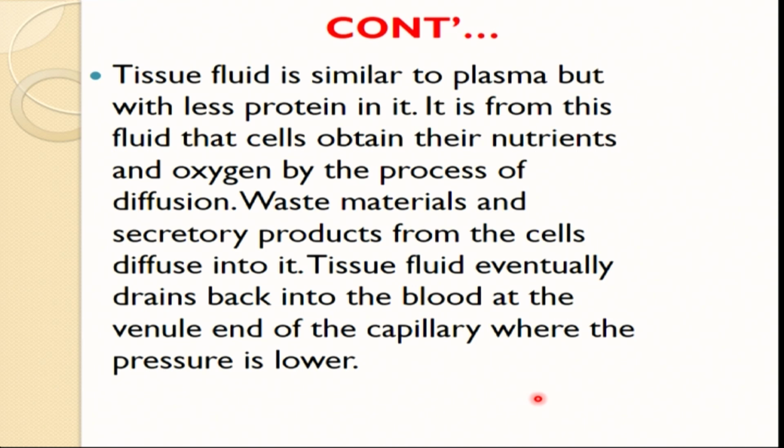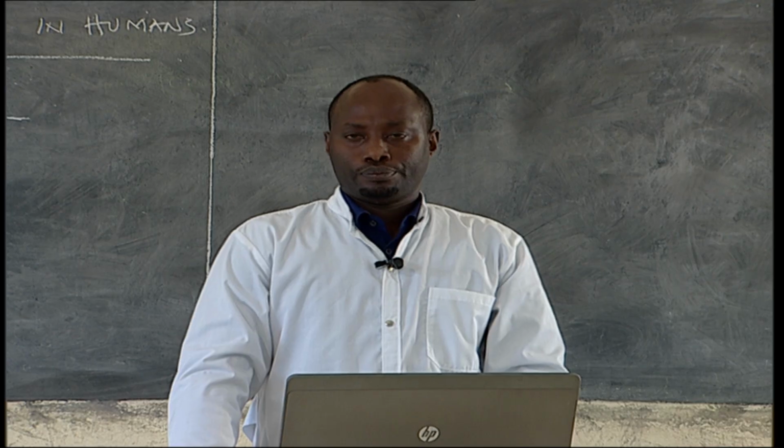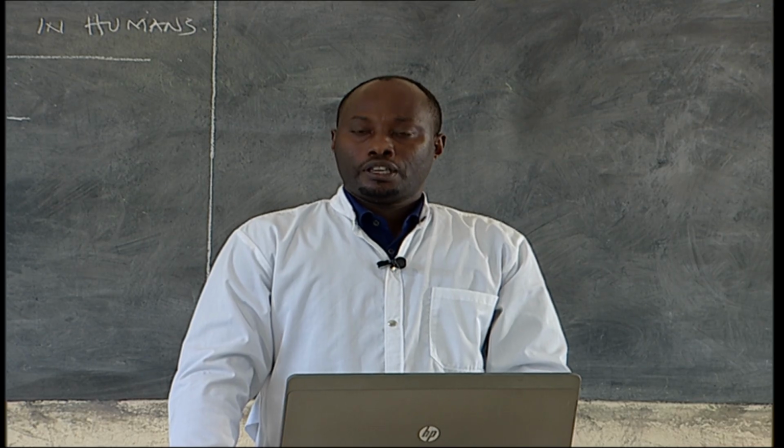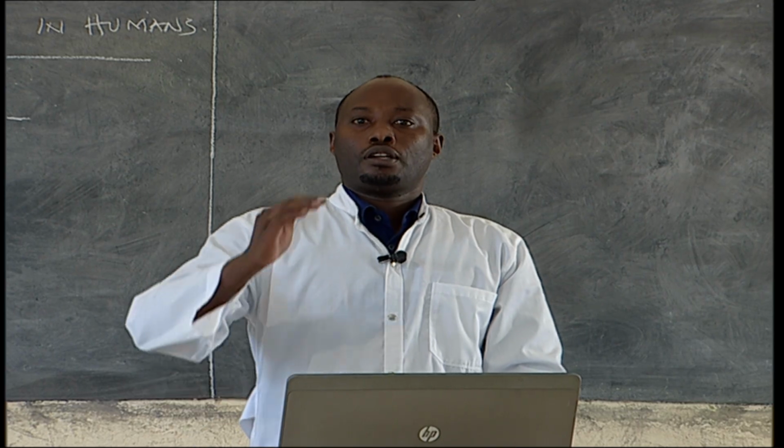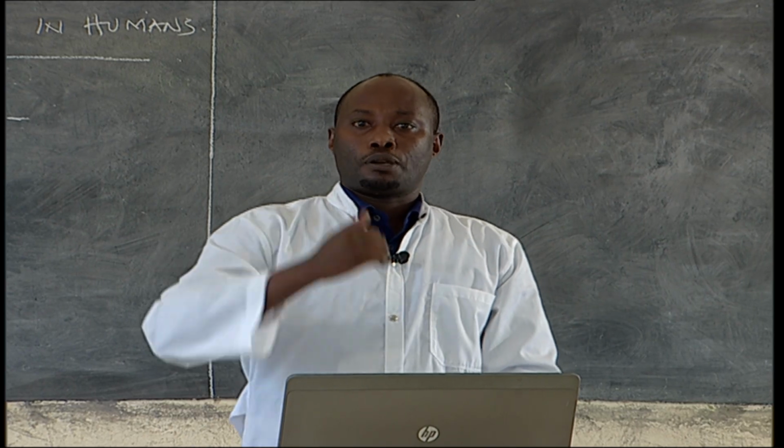The tissue fluid is similar to the plasma. As you remember, we talked about one of the components of blood, blood plasma. Students, do you still remember that? We mentioned that one of the major components of blood is blood plasma.